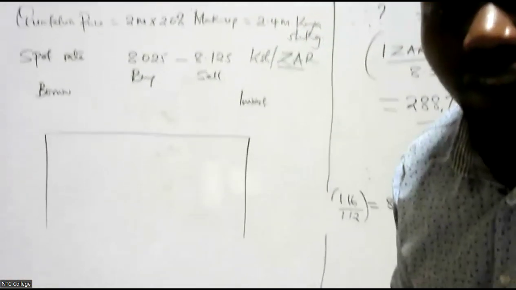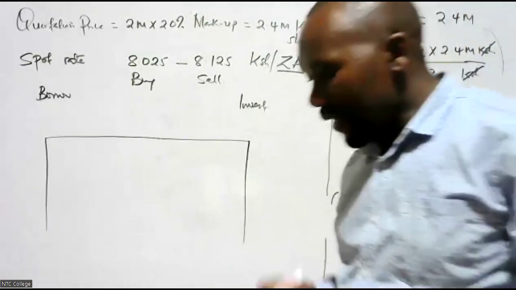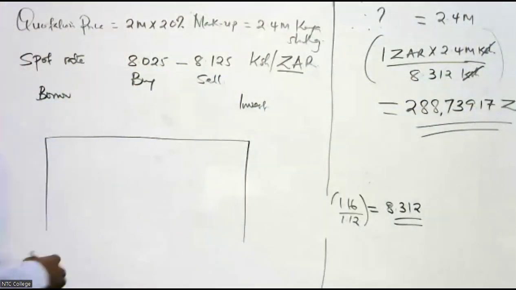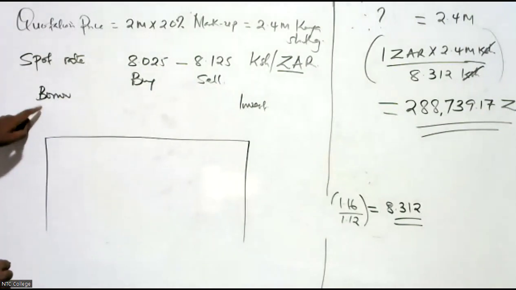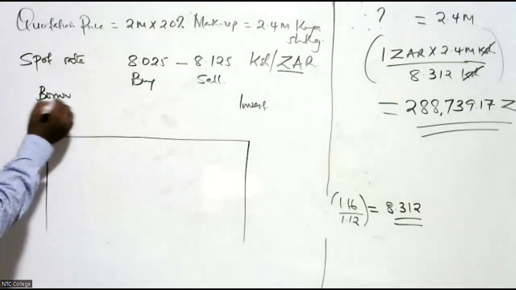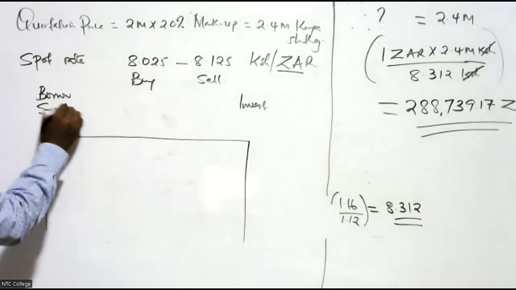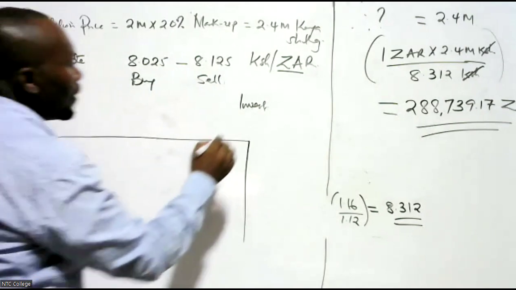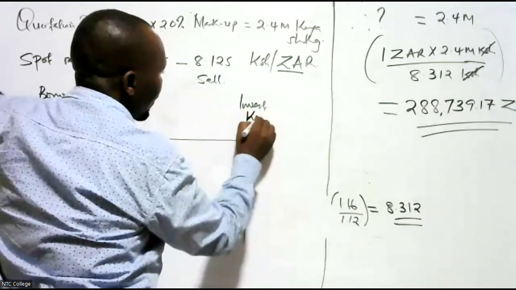So in foreign receipt, we know that in foreign receipt, we do what? We borrow where? Foreign receipt, borrow foreign still. So hapa nitakuwa South Africa, because we borrow here. And then we shall invest in Kenya.